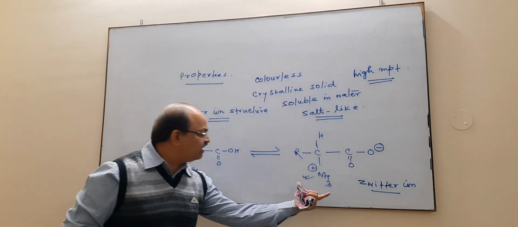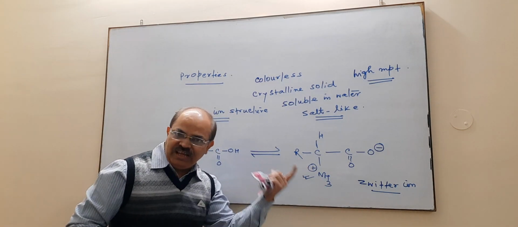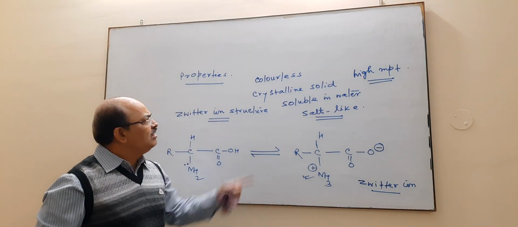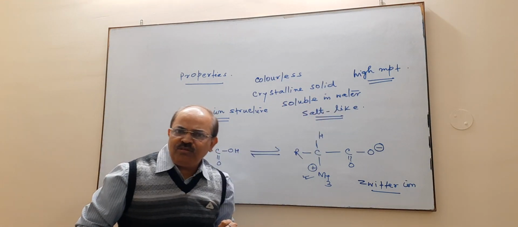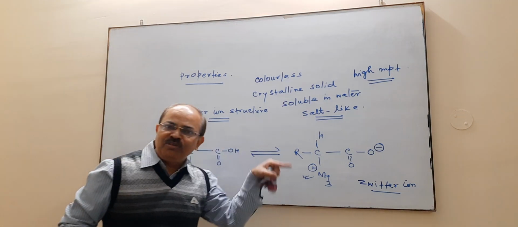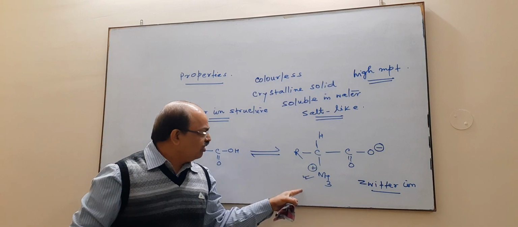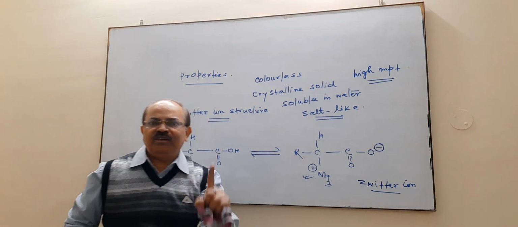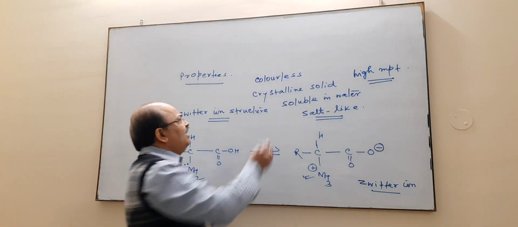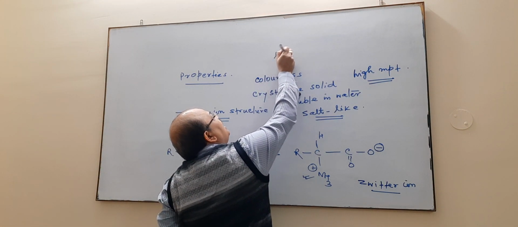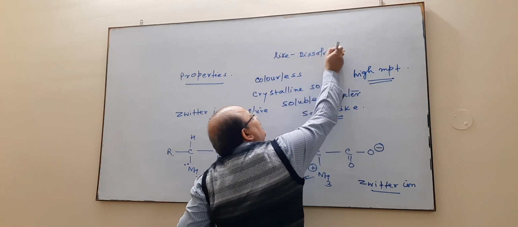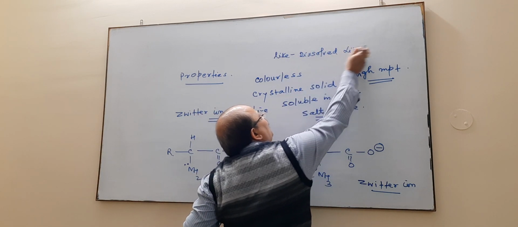तो जब ये सॉल्ट की तरह बिहेव करेगा तो ये हार्ड होगा, क्रिस्टलाइन होगा, और क्रिस्टलाइन होगा मतलब इसका मेल्टिंग पॉइंट ज़्यादा होगा. Since it behaves as a crystalline salt, it will be soluble in water because it is a polar compound and water is a polar solvent. और आपने पढ़ा है केमिकल बॉन्डिंग में that like dissolves like.